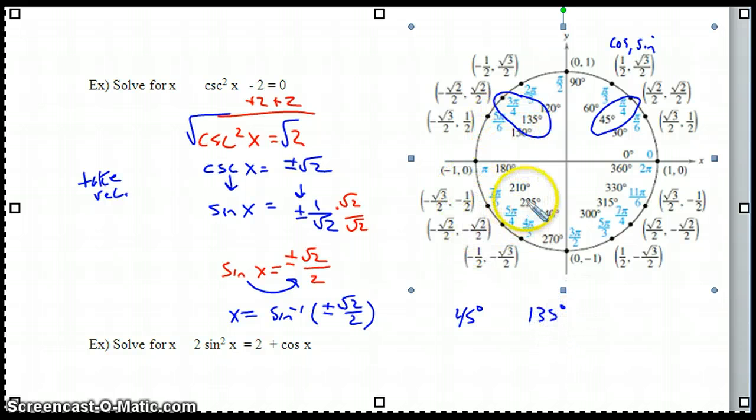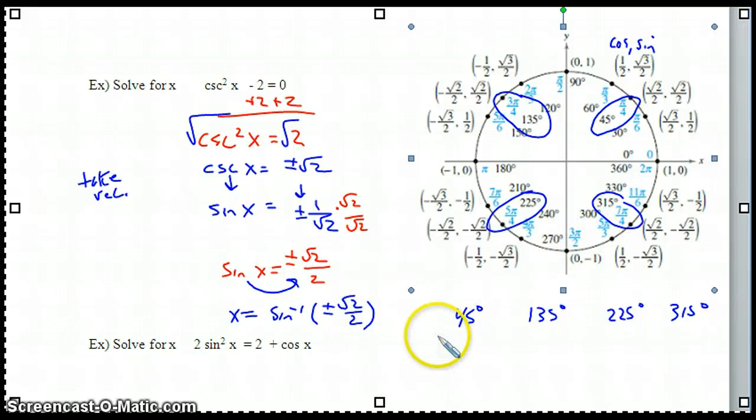It could be 225 degrees. And then finally it could be 315 degrees. Now, those are just one time around the unit circle. I'd want to give all of their coterminal angles as well. So I'd want to say plus n360, plus n360, plus n360.